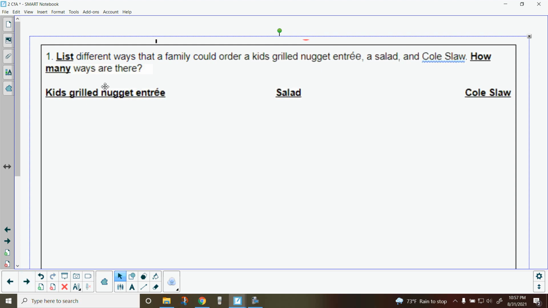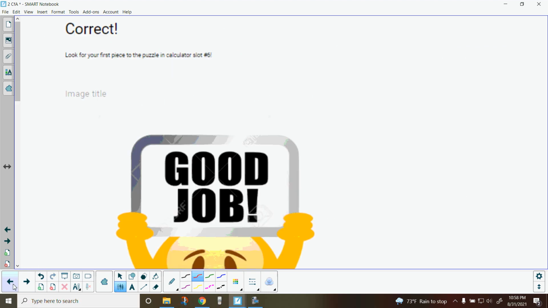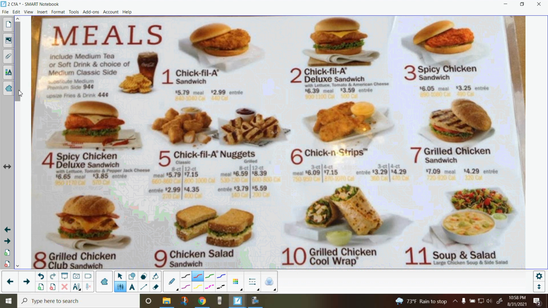So, list of different ways that a family could order a kid's grilled nugget entree, a salad, and coleslaw. Okay, and I broke some columns up here for you. So the intent was to revisit the tree diagram idea. So if you were to go back to the menu, scroll down.